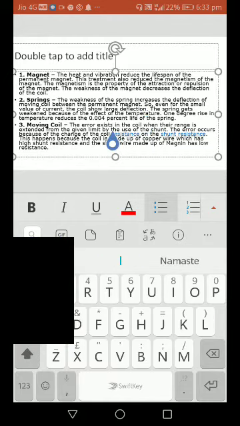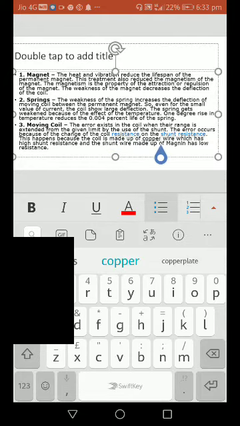Moving coil: the error exists in the coil. When the range is extended beyond the given limit by the use of a shunt, the error occurs because of the changes in the coil resistance relative to the shunt resistance.